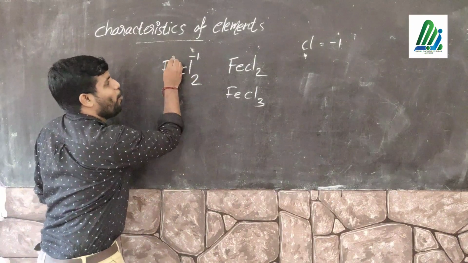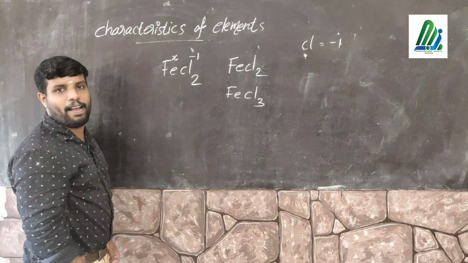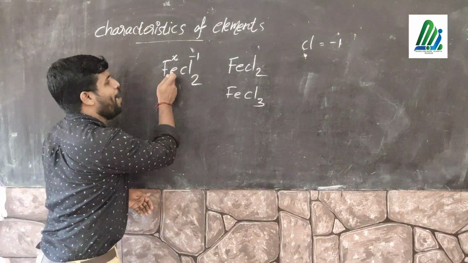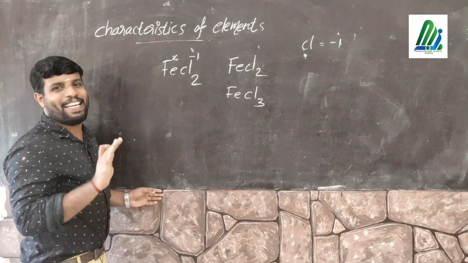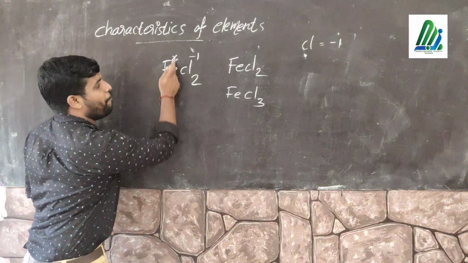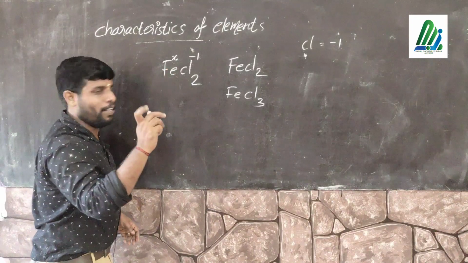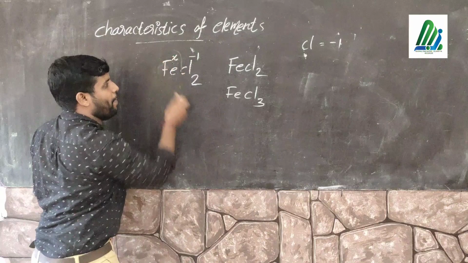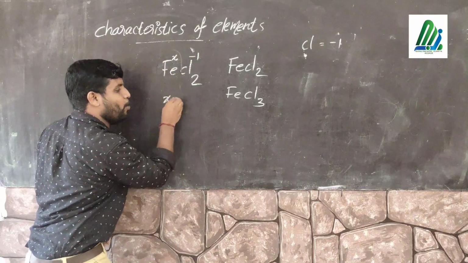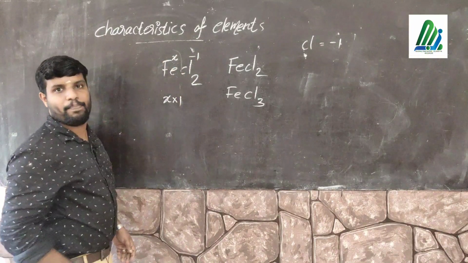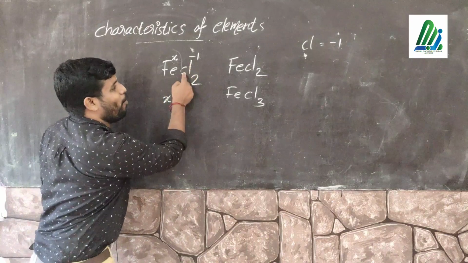Here for Fe we don't know the value, so just give the value as X. We want to find the oxidation state of Fe, it is X. Now, how many Fe atoms are here? Only 1. So the total charge of Fe is equal to X into 1, because only 1 atom. Then what is the total charge of chlorine here?